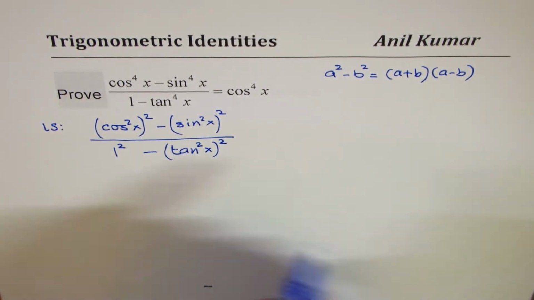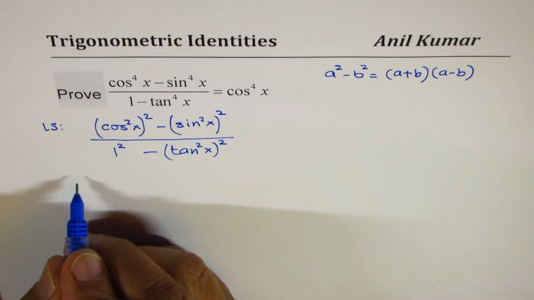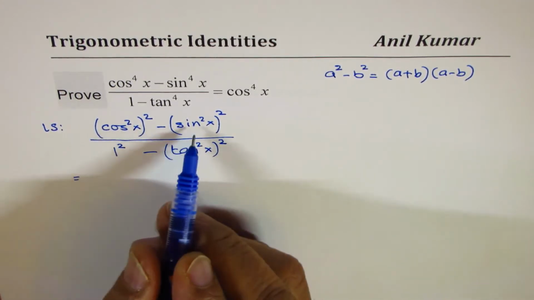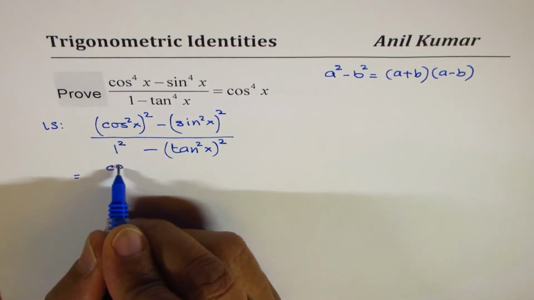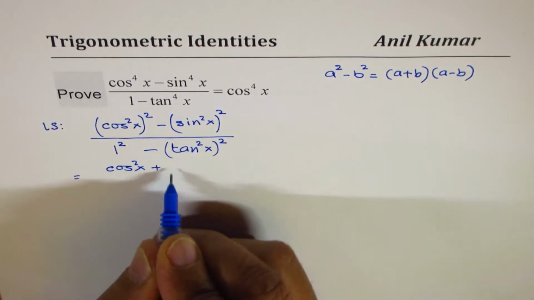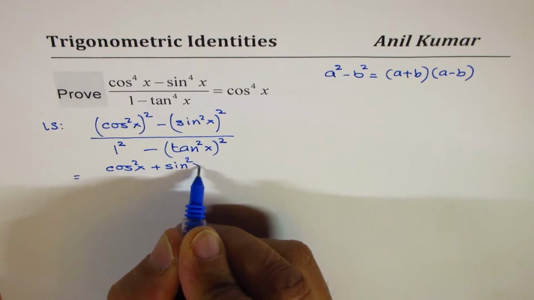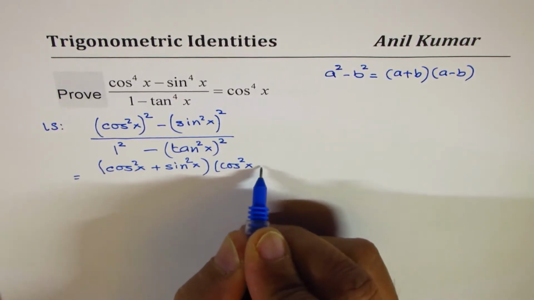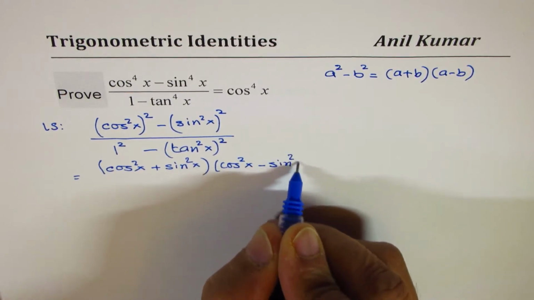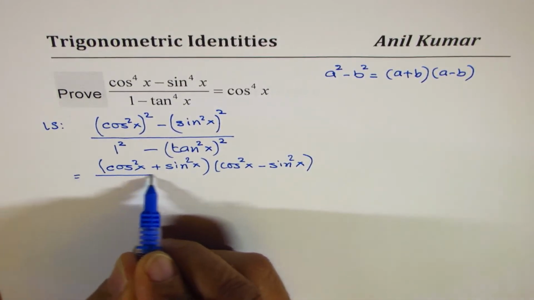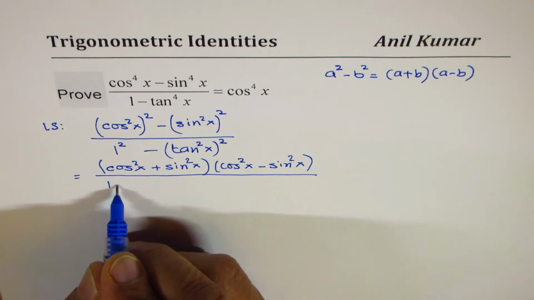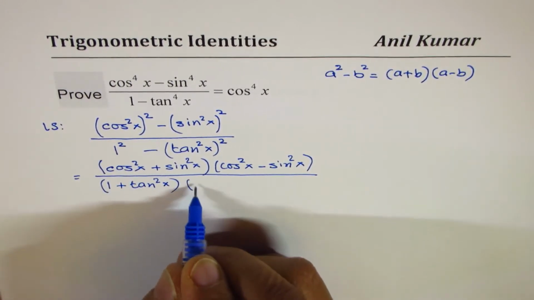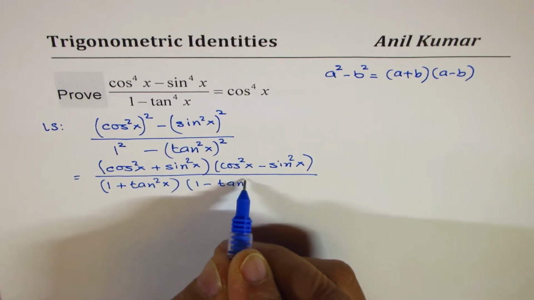Perfect. Now we'll apply this formula and write down the numerator as product of their sum and difference. That is to say, cos square x plus sine square x times cos square x minus sine square x. And the denominator can now be written as 1 plus tan square x times 1 minus tan square x.